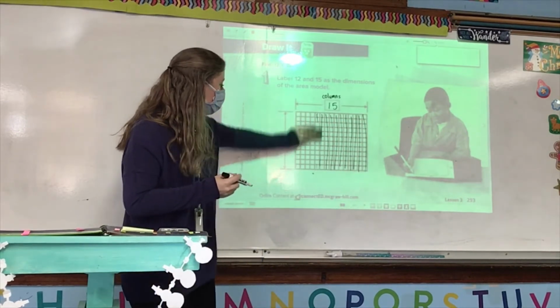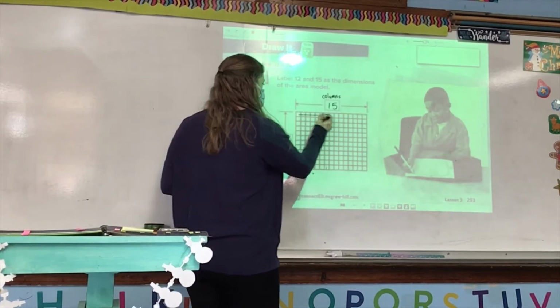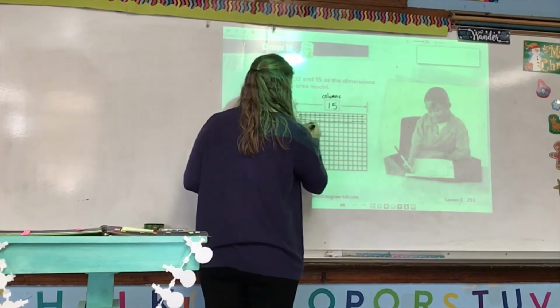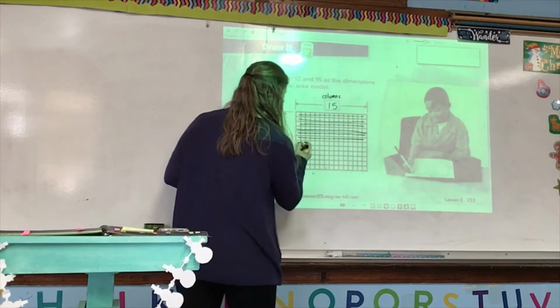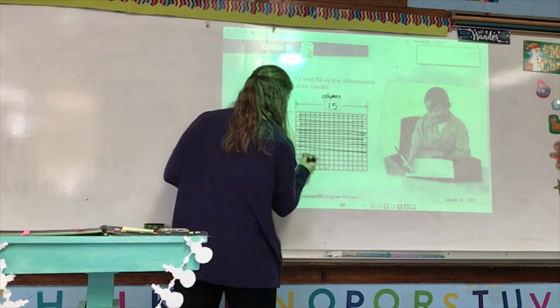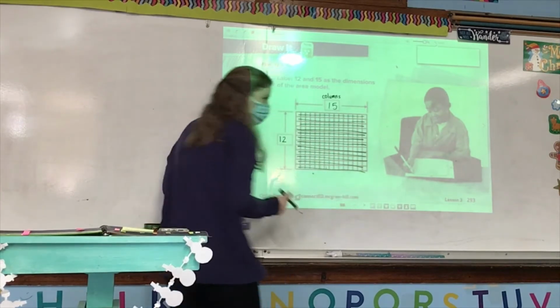And when we count rows, we're basically doing this. 1, 2, 3, 4, 5, 6, 7, 8, 9, 10, 11, 12.